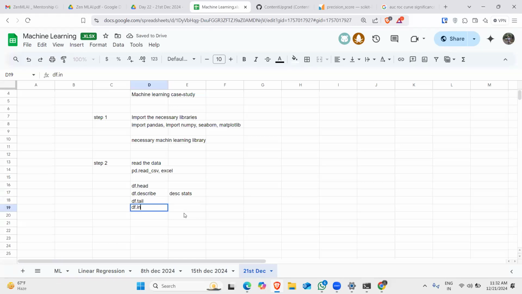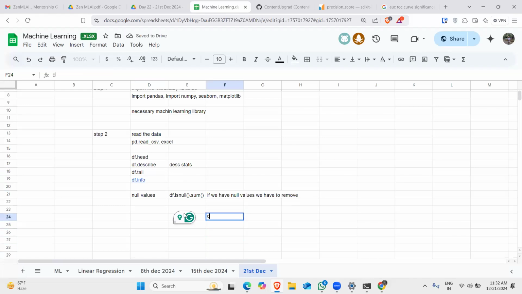We check descriptive statistics, info, and null values by using df.isnull().sum() or isna().sum(). If we have null values, we have to remove them. Either we directly drop null values, or we impute them with mean, median, or mode. Mean and median are used for numerical columns, mode for categorical columns.